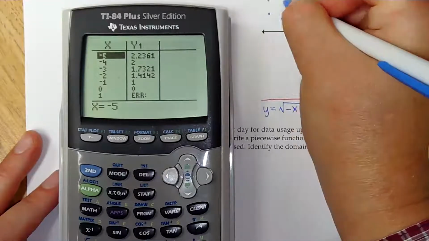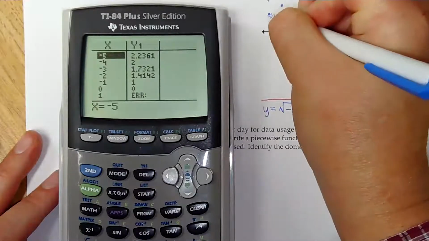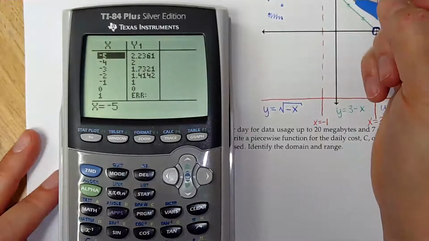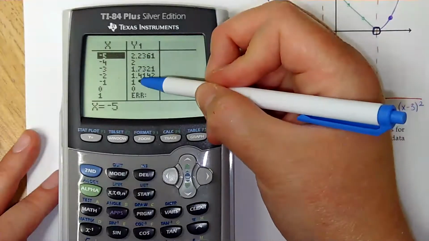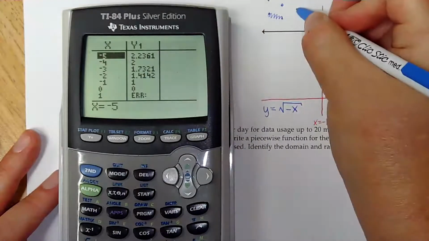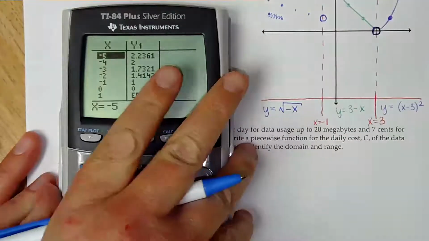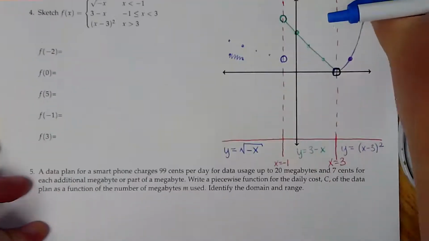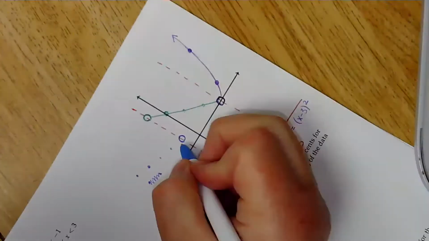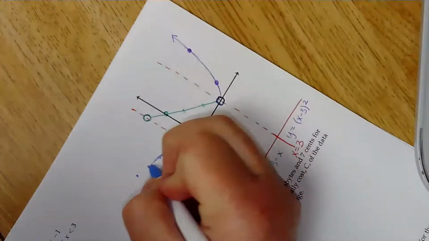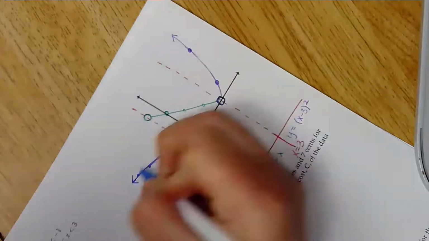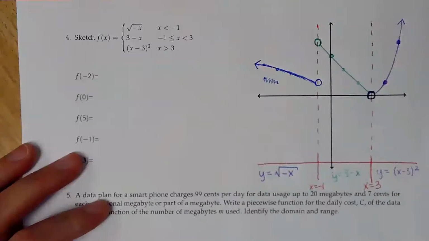Helps if I plot those in the right spot. Sorry about that, I was off a row. There we go. And at -1, it's equal to 1. Kind of fill these guys in here. And since this is a square root, we know that it has that curved look to it. So I'm just going to add that slight curve. All right, so there we go with the function.